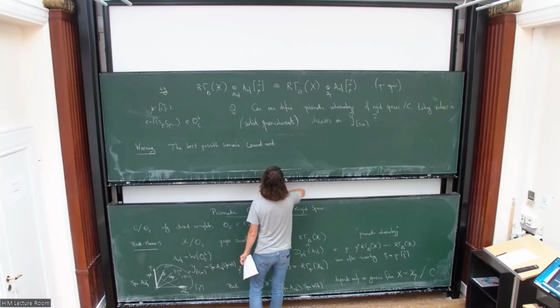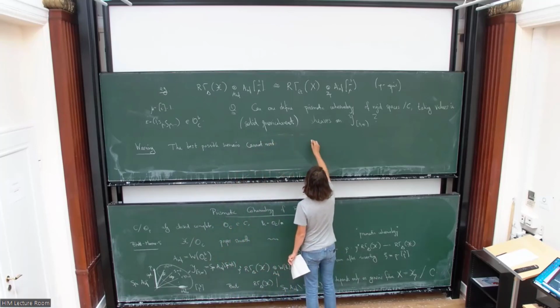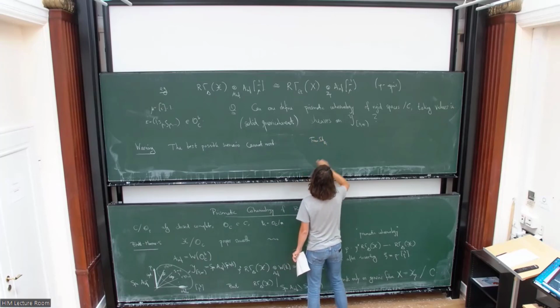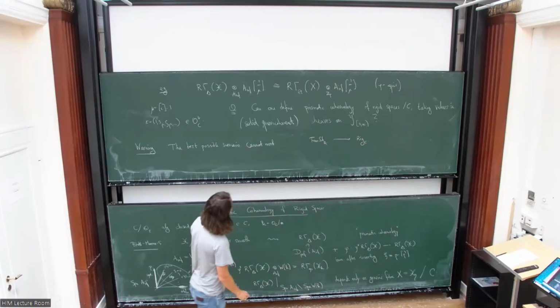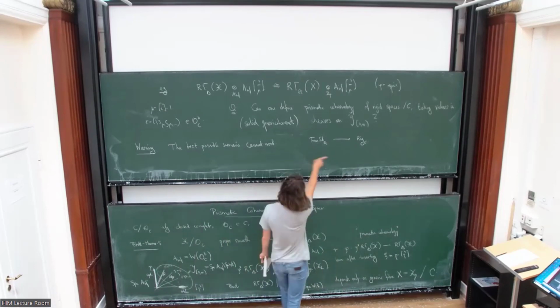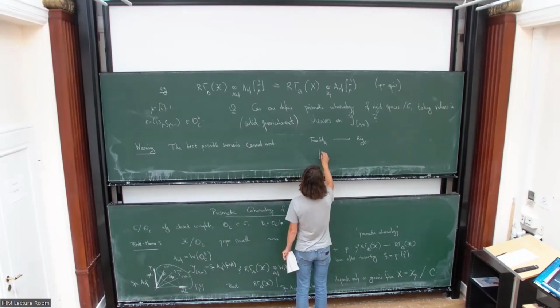What would be the best possible scenario? The best possible scenario would be that you have some kind of formal scheme, then you have the rigid generic fiber. And then you should have some prismatic cohomology here that goes to some kind of modules on the Fargues-Fontaine curve.